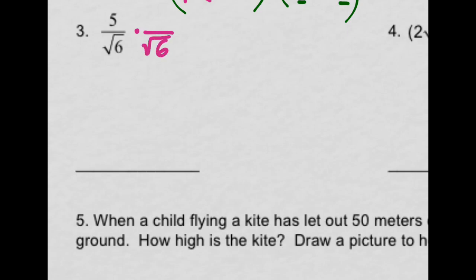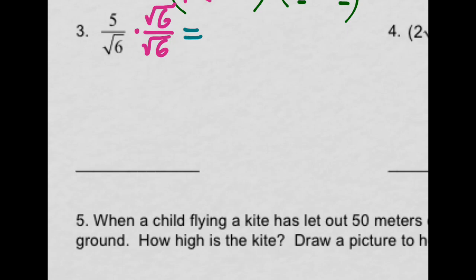But we can't do anything that affects the actual outcome, the value of that fraction. So we're going to be multiplying it times 1. Well, square root of 6 over the square root of 6 is really just 1. Remember, 1 is anything divided by itself, right? That's just 1. So we're not going to be changing the value of the fraction.